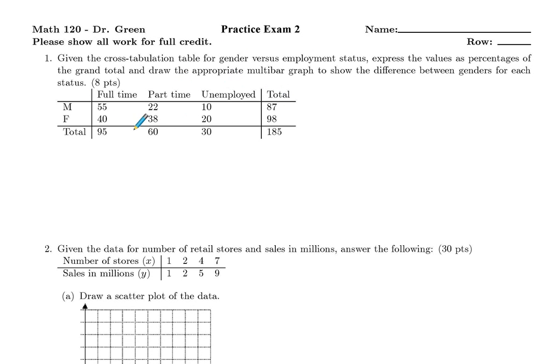We've got row totals and we've got column totals. They ask us to express the values as percentages of the grand total here. So that means that we're going to take everything and divide it by 185. Okay, so we're going to take this whole table and divide by 185.